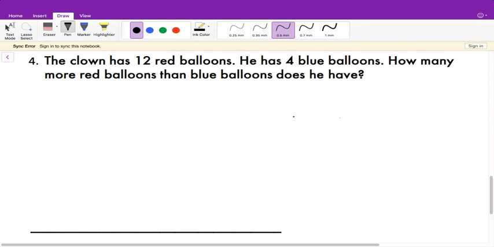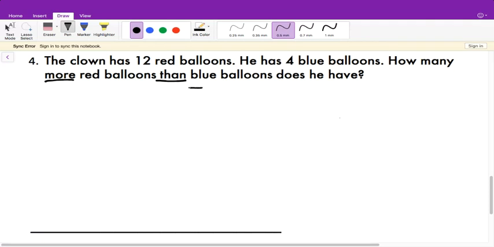That's not asking for how many balloons there are altogether. It's asking how many more red balloons than blue balloons does he have? Oh, you're right. This is a compare problem because it is saying how many more than. Great thinking.